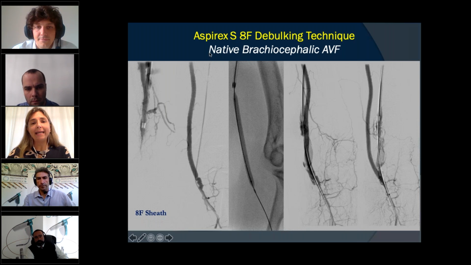When we treat native fistulas, we try to predilate the strict fibrotic venous stenosis to avoid device entrapment. So this is the control after predilation.